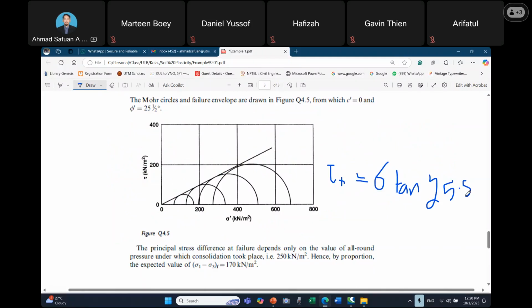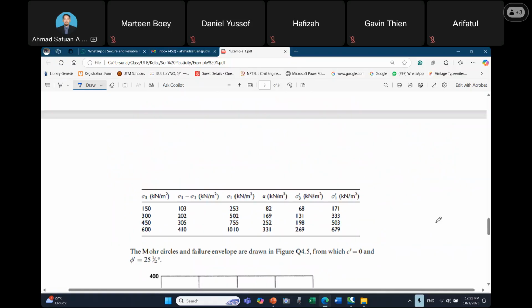So tangent 20.5 times 250. Oh no, it is 119. 119. Oh, 250. Yeah, 250.